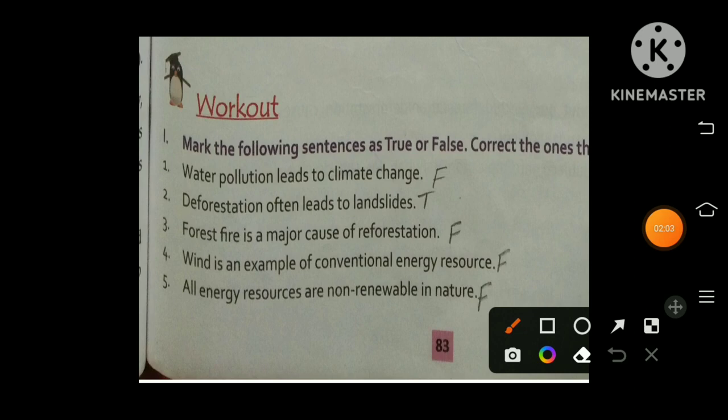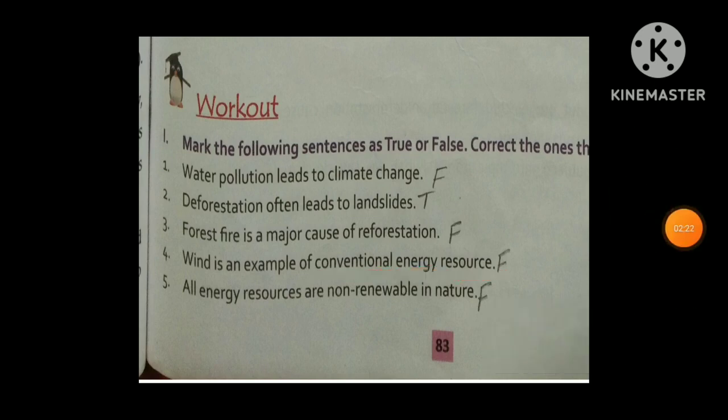Next is wind is an example of conventional energy resource. That is false, because wind is an example of a non-conventional source of energy. Conventional energy sources are that type of sources which is fixed in nature, like oil, gas and coal, and they are non-renewable in nature.